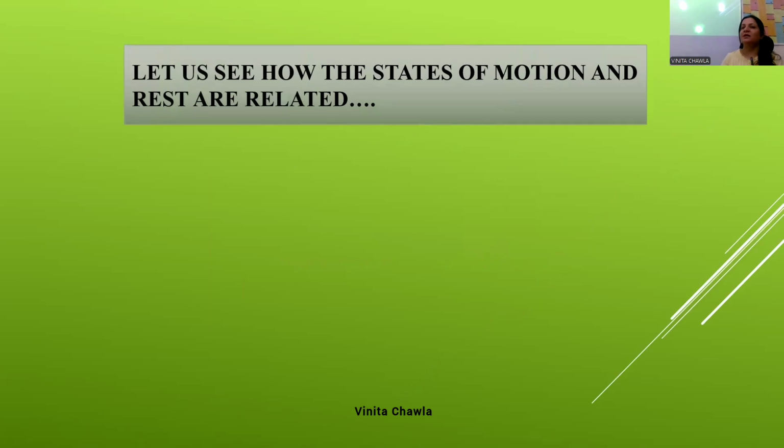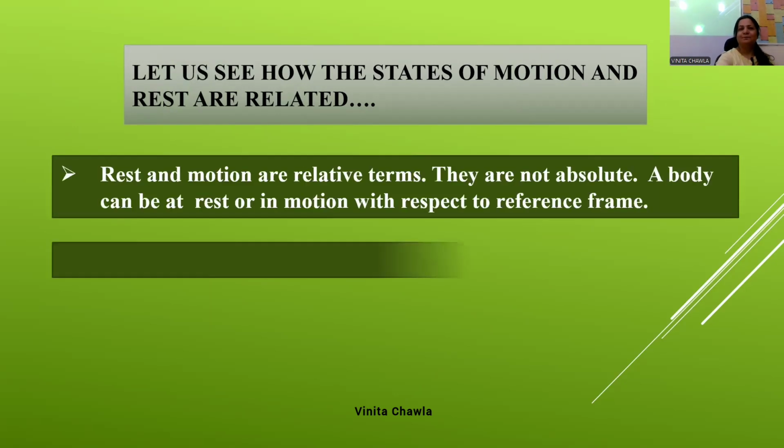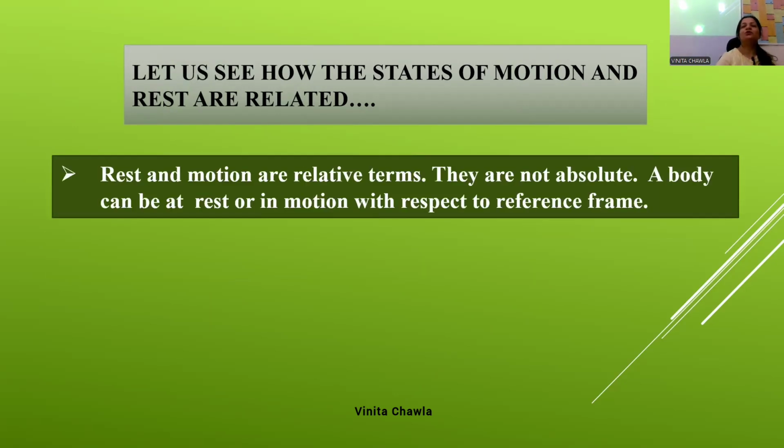Let's see how the states of motion and rest are related. Rest and motion are relative terms. They are not absolute. We say that nothing is in absolute rest or in absolute motion. हम ये नहीं बोल सकते कि कोई भी चीज absolutely rest पे या absolutely motion में है. एक object rest पे हो सकता है किसी frame of reference के respect में और किसी दूसरे frame of reference के respect में वो moving हो सकता है.